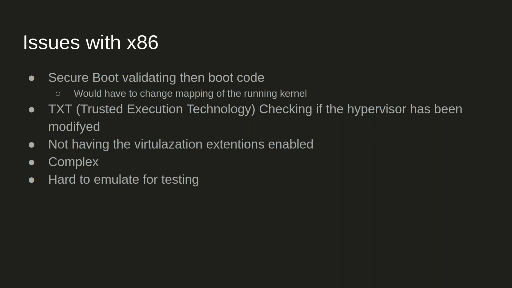And in modern x86 machines, there's a nice little thing that screws you over called Secure Boot. It's not that it screws you over, it's a good thing, but as a security engineer, or as an attacker, it's a pain in your bloody ass. Because basically, it checks if any part of the initial boot code has been modified, basically the part of the code which is mapping in the kernel.